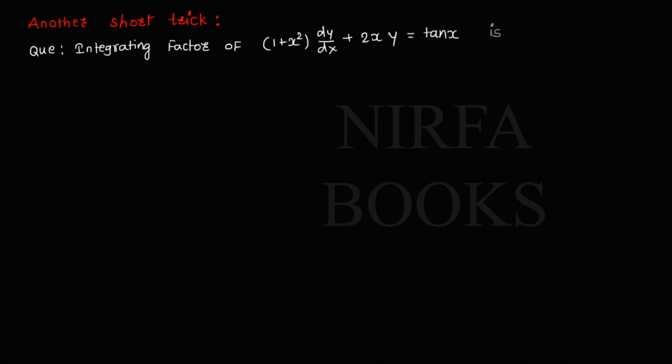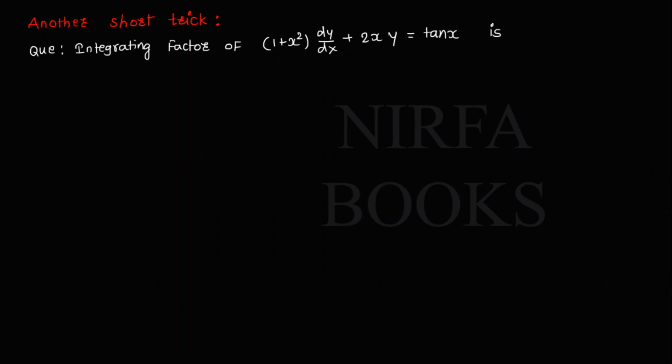Now we will see another short method for another example. In this example, we have to find the integrating factor of the differential equation 1 plus x square into dy by dx plus 2xy is equal to tan x. This is a linear differential equation, but not in the standard form, but still we can find its integral factor very quickly.